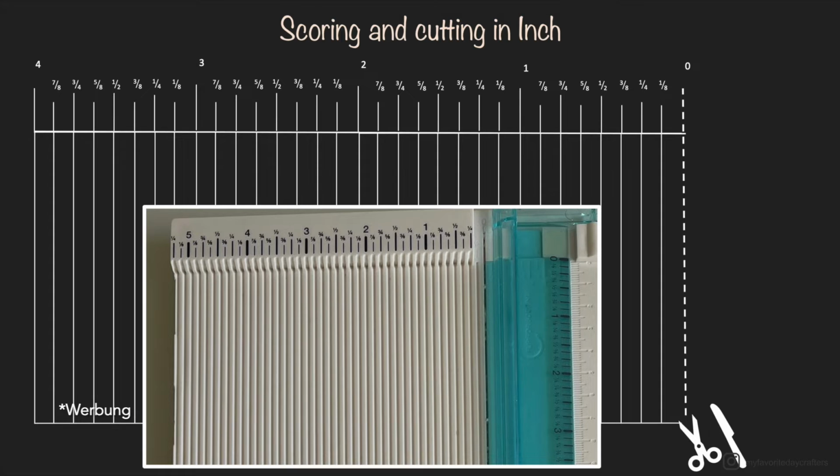So different to the cutting board I showed you in the beginning for inches, this board is perfect because you can also align your paper with the scoring lines, and then you would be able to cut perfectly straight and also to score at each measurement line. In this photo, you actually just see half of this trim and scoreboard because it can be folded. Once you open it up, you would be able to also cut and score papers in 12 by 12 inches.